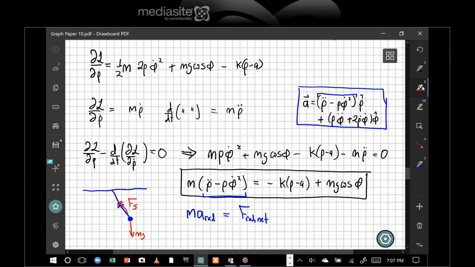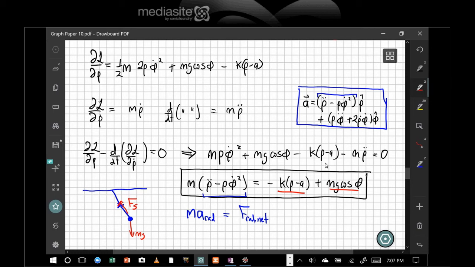Obviously the spring force is radial. That's this thing here. And a component of mg is radial. That's this thing here. So that's that equation right there. We could have gotten that equation with Newton's laws. It would have been a little complicated, but in the end, we can use our understanding of Newton's laws to understand the result that we got from Lagrange mechanics.